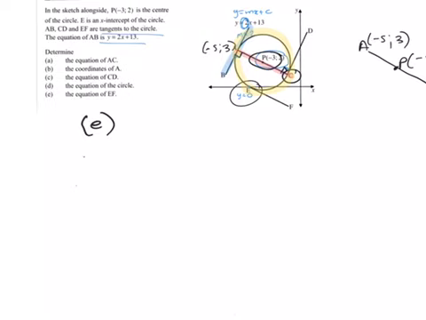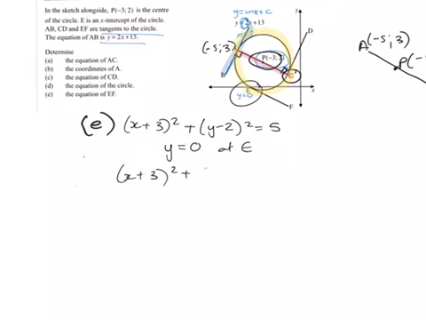So in our equation for our circle, which is x plus 3 all squared plus y minus 2 all squared equals 5, I can make y equal to 0 at point E. And then all we'll have left in the equation is our x value.